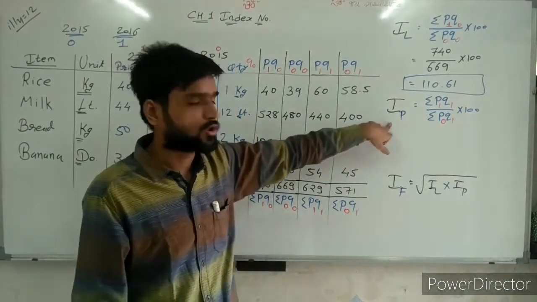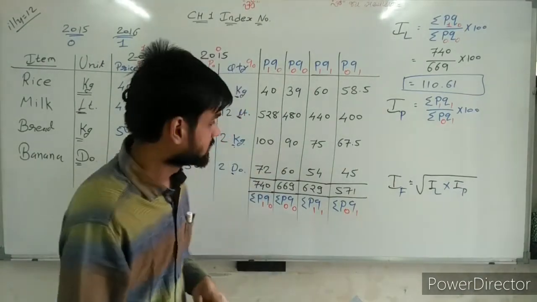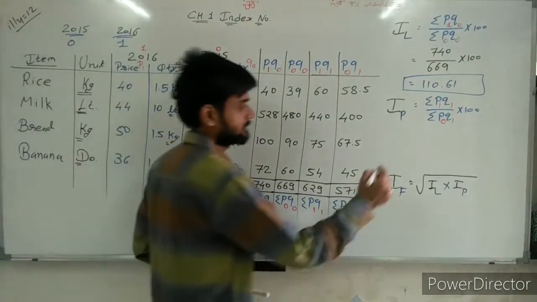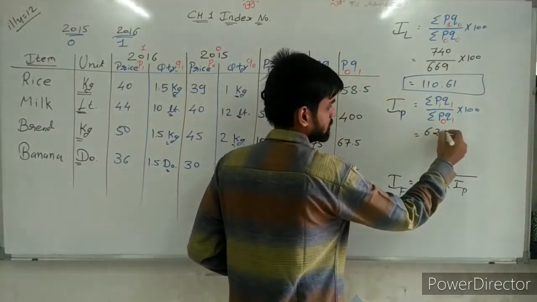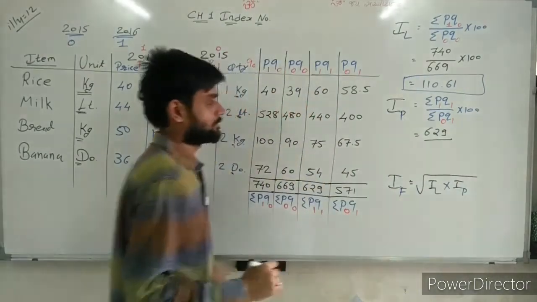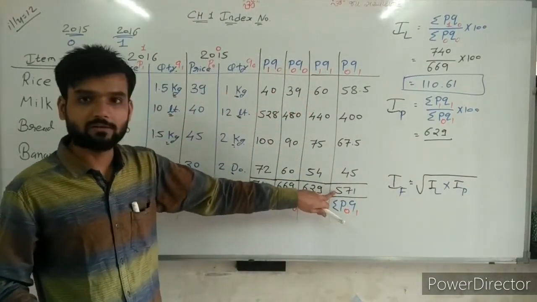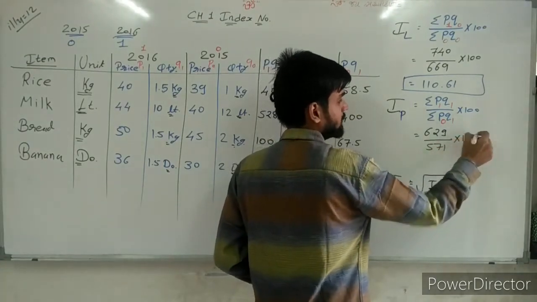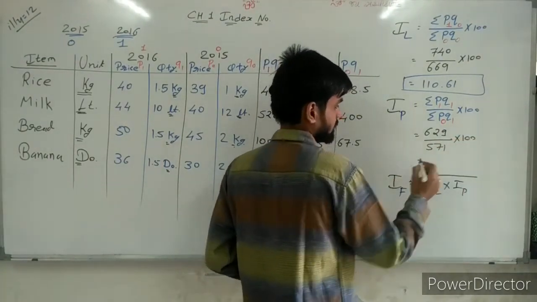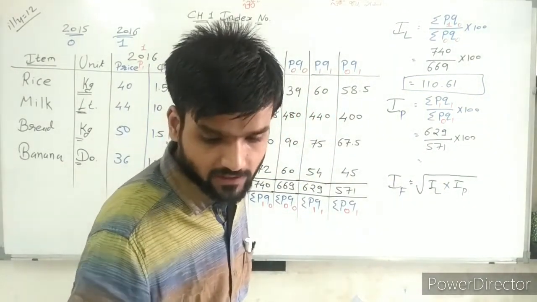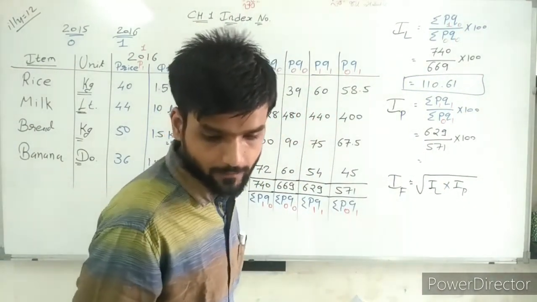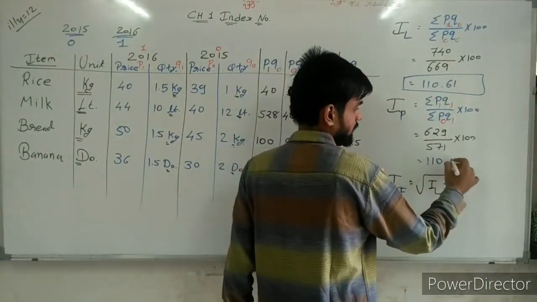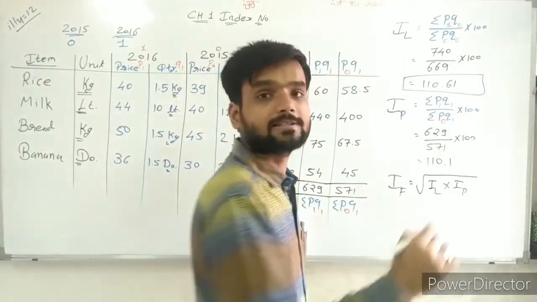Going ahead for Paasche. For Paasche also, here the information given is P1 Q1 629, P0 Q1 571, multiplied with 100. 629 upon 571 into 100. Your answer will be 110.1576.